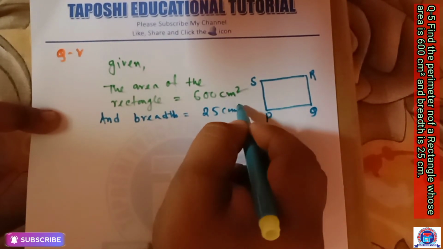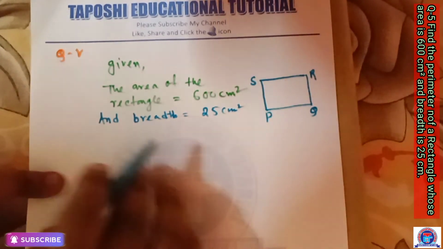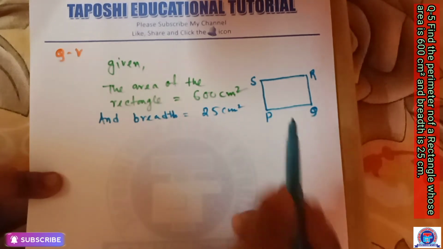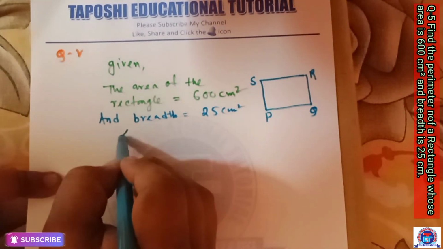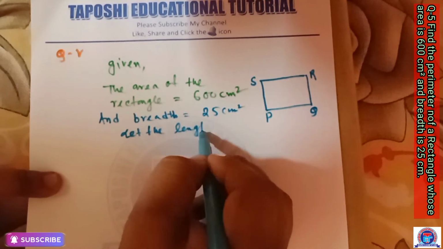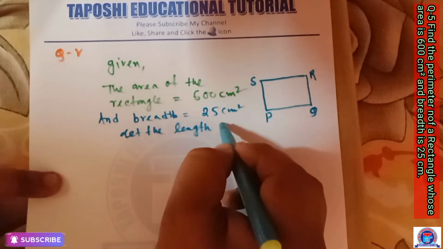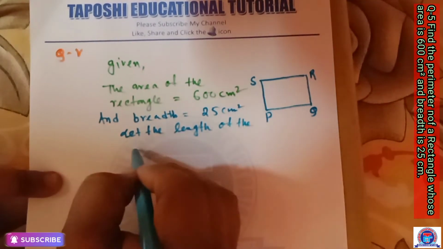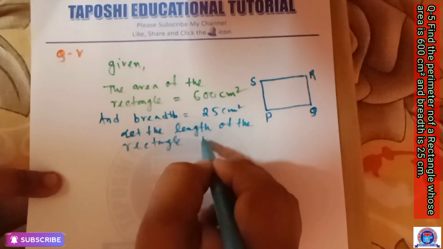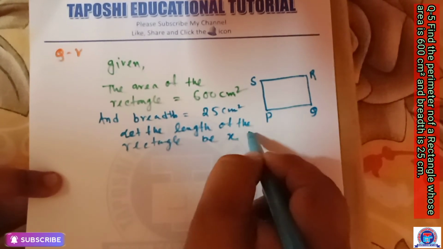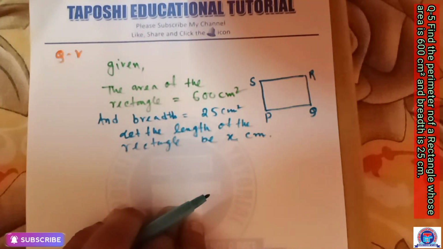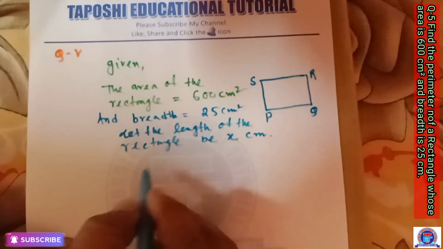25 centimeter, right? So here we take the length as x, so we write, let the length of the rectangle be x centimeter. Correct. Now we find out the area of the rectangle.